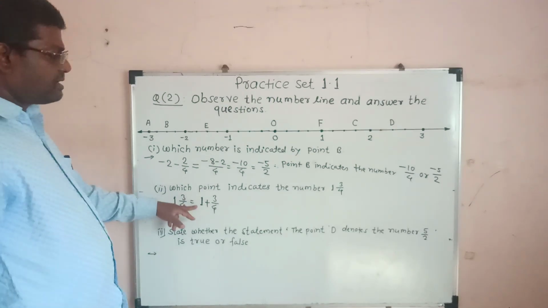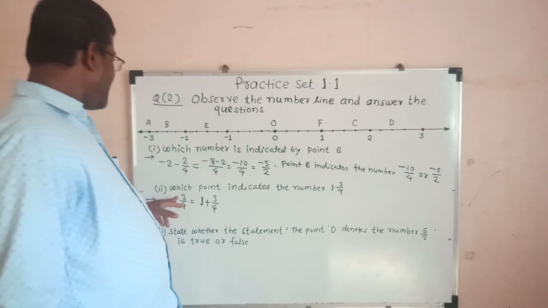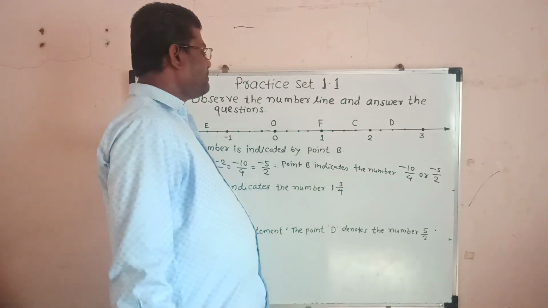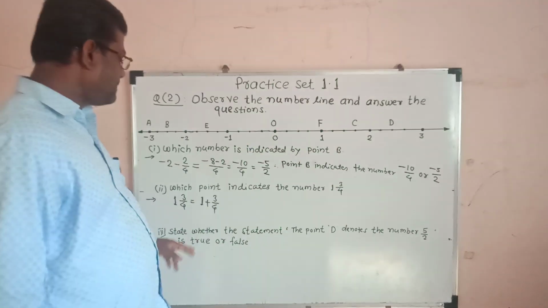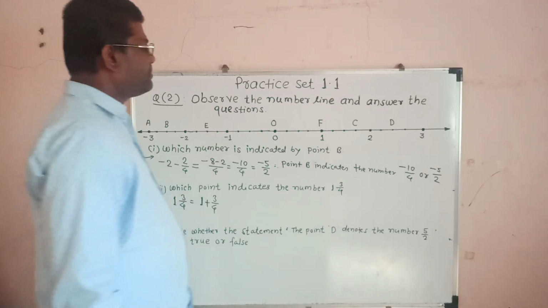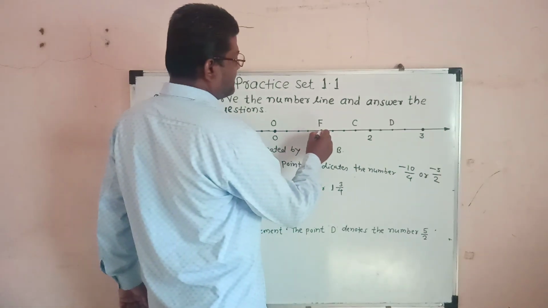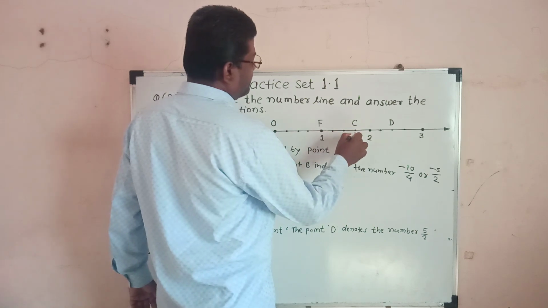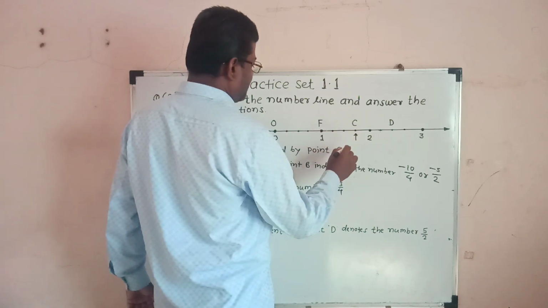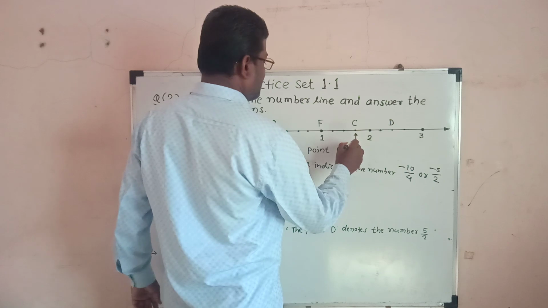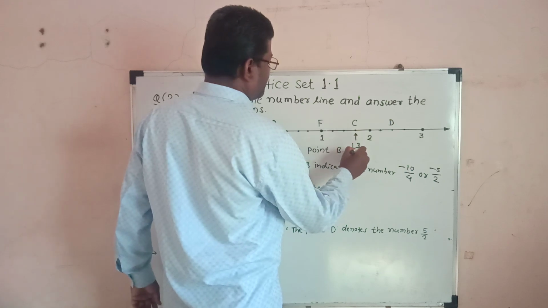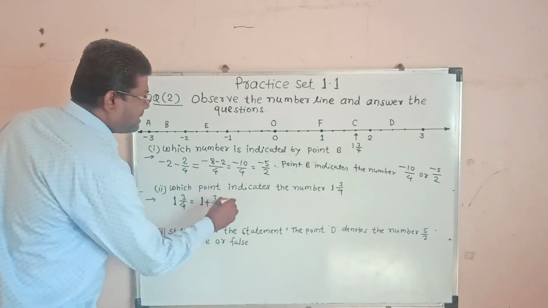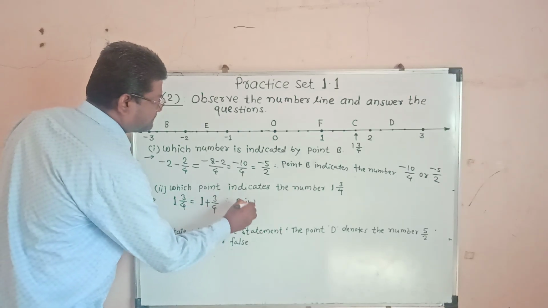This means 1 complete, and as it is a positive number, towards the right of 1 there are 3 parts. 1 plus 3 upon 4 means 1 complete and 3 parts toward the right. 1, 2, 3. There will be point C, and this point will indicate 1 and 3 upon 4. Therefore we write point C.